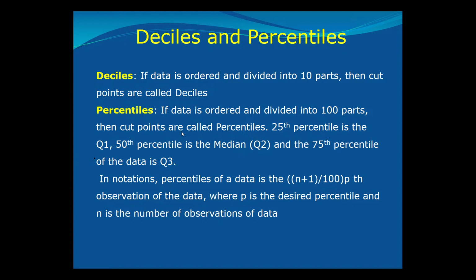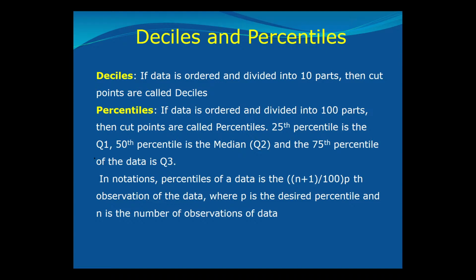Percentiles: if data is ordered and divided into 100 parts, then cut points are called percentiles. The 25th percentile is quartile 1, the 50th percentile is the median, and the 75th percentile of the data is quartile 3.